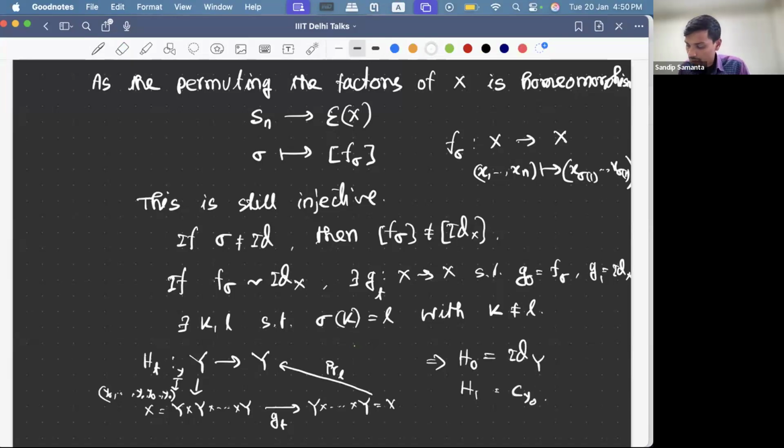So that means y is contractible, which is a contradiction. So this map is still an injective map, and Sn sits inside this group Ex. We can see all the symmetric groups sit inside the group Ex for X some non-contractible space. Non-contractibility is enough. We can also assume X is a simply connected CW complex, or whatever good assumption on X we need.